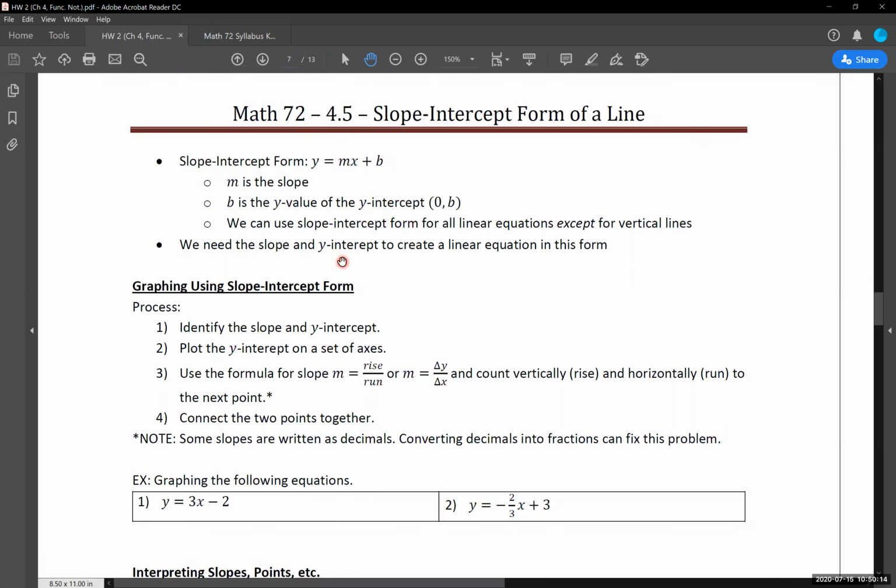We could just use a different point, but the y-intercept is by far the easiest point to use to write something into slope-intercept form. Again, primarily due to the fact that we have the slope, and if we have the y-intercept, the y value of that y-intercept can just be plugged in for b from the general equation, and then we're done. We're good to go from there.